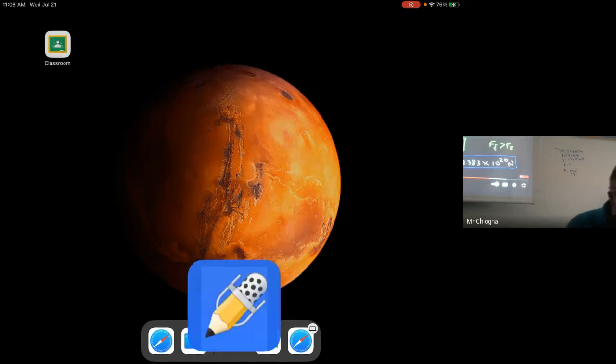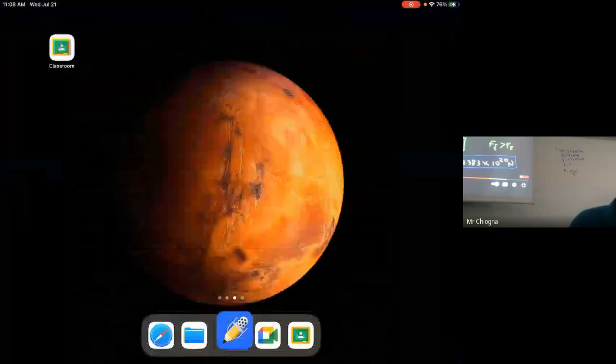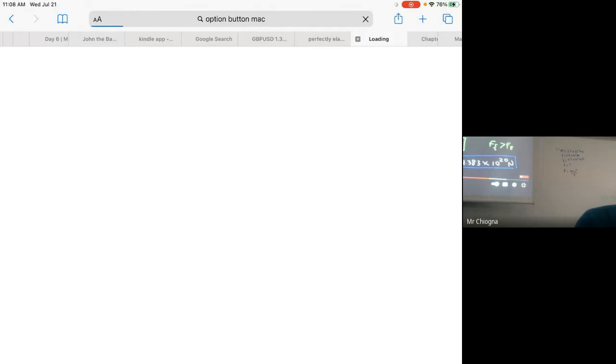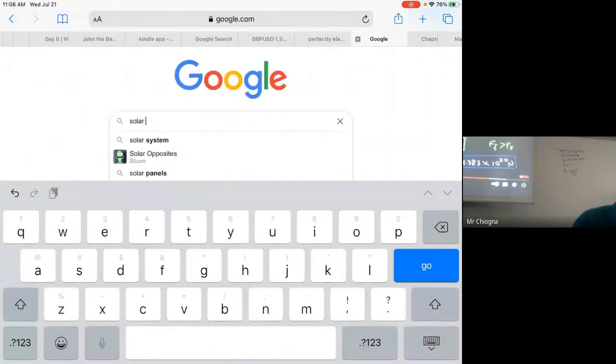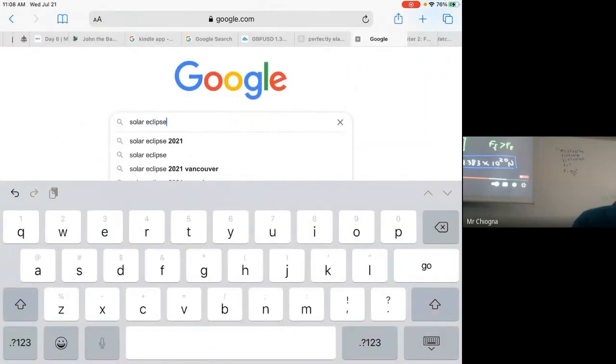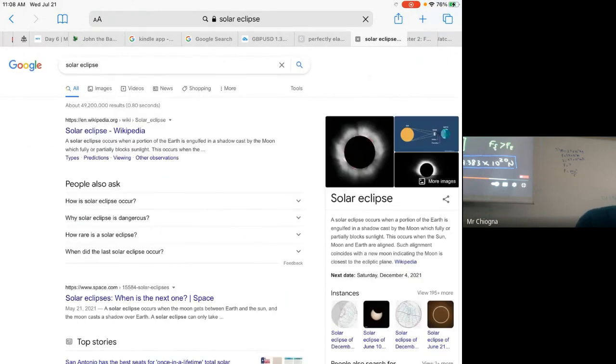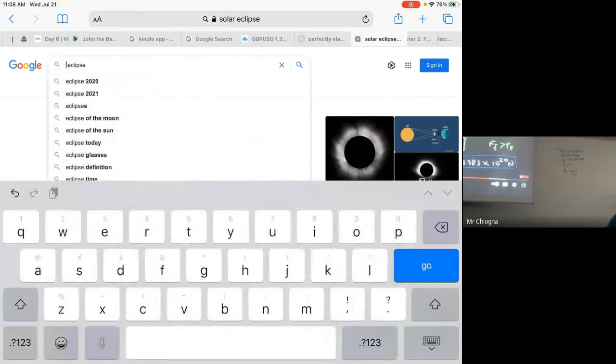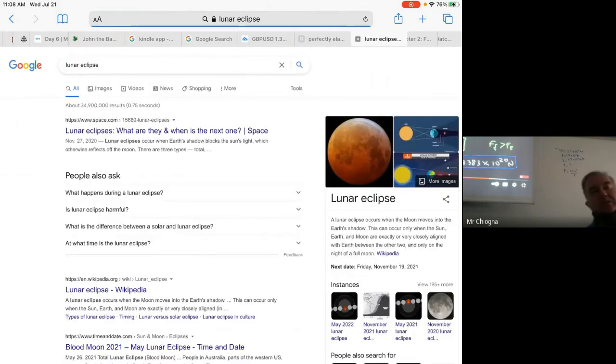Lunar eclipse, look that up. I was in Utah when we saw the last one, right?